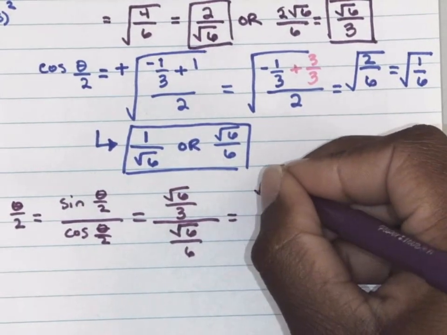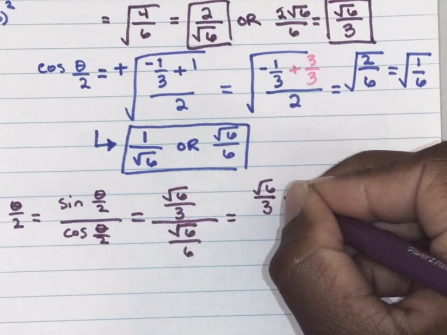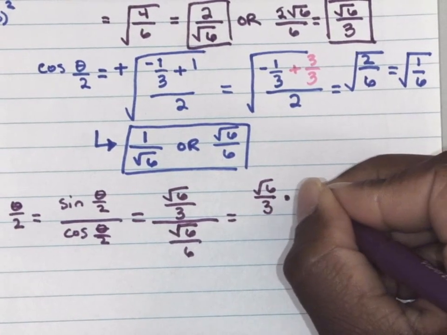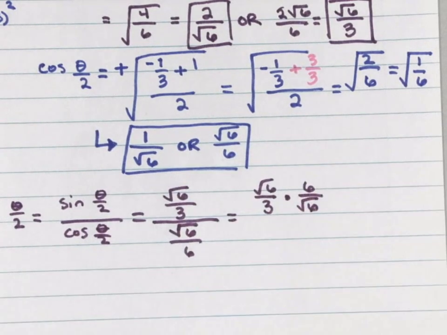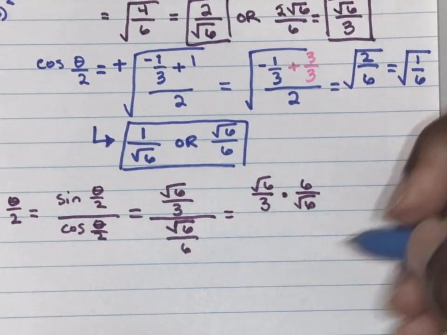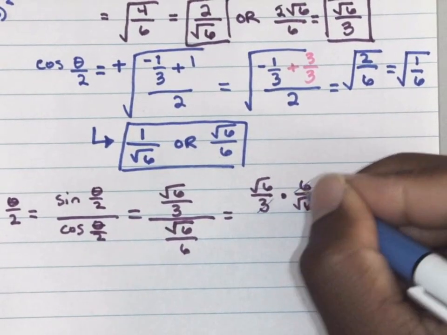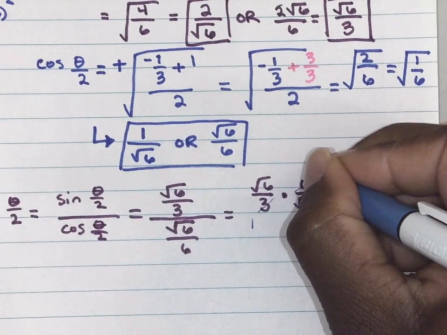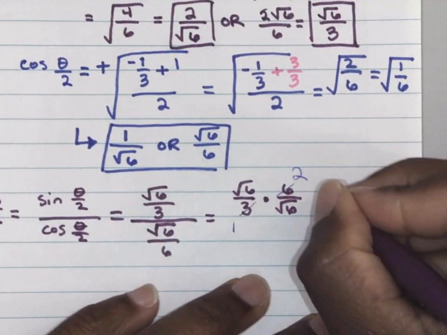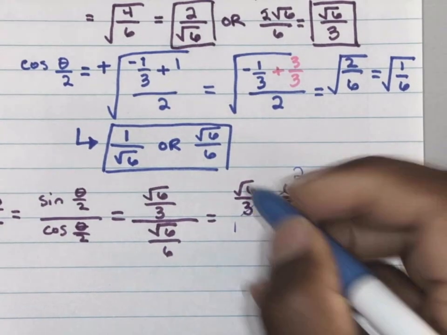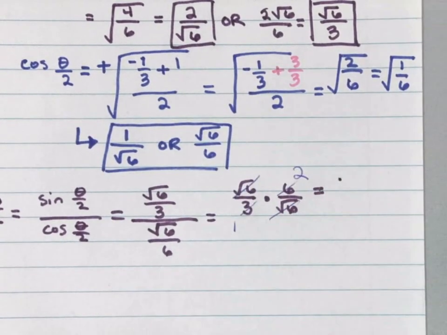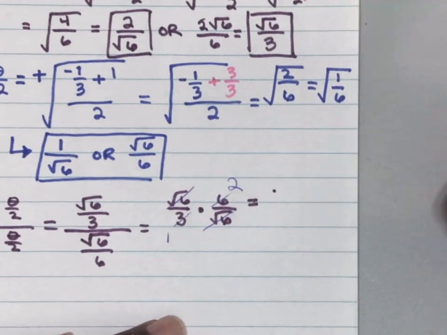We'll keep the top, change the multiplication, flip the bottom, and we get that. I can divide both of these by 3, and we get, oh, and the root 6's cancel as well, which leaves us with the answer of just 2.